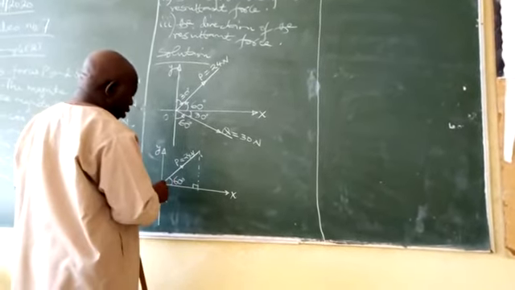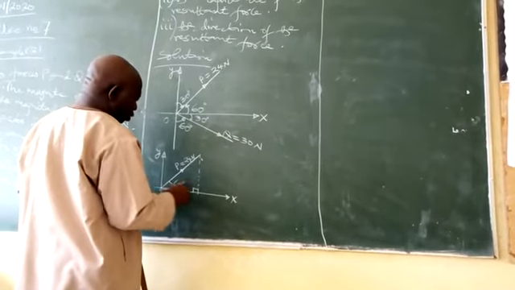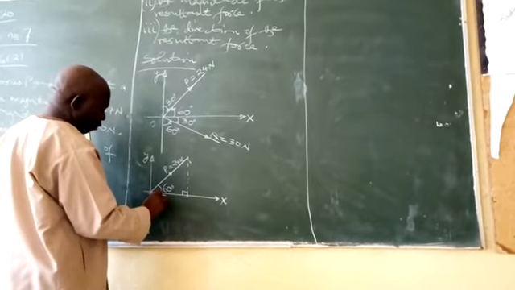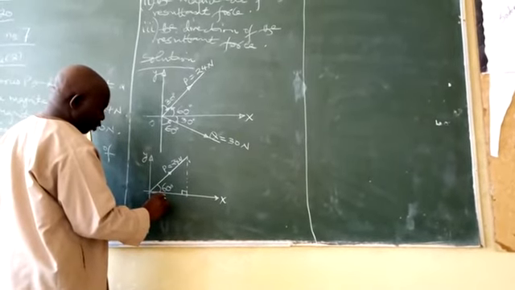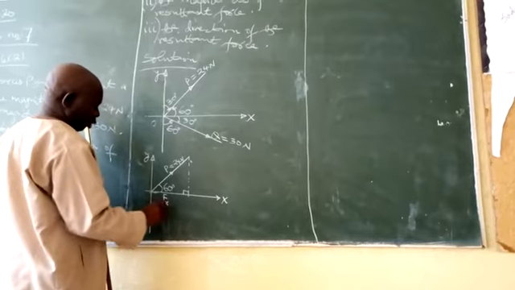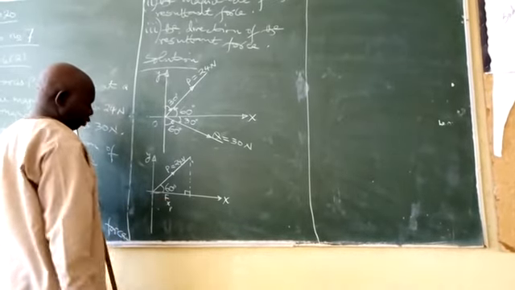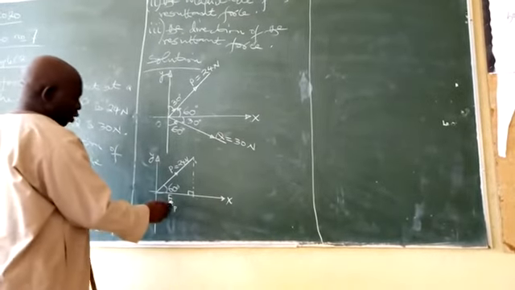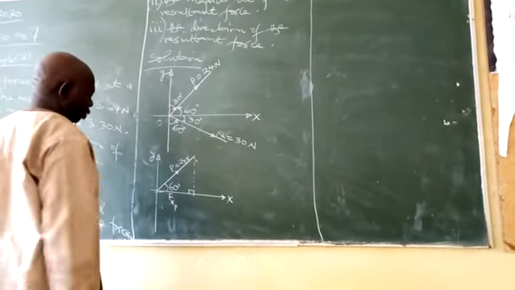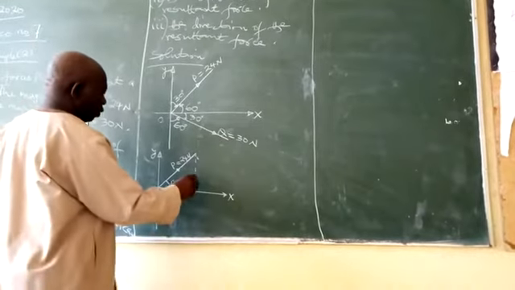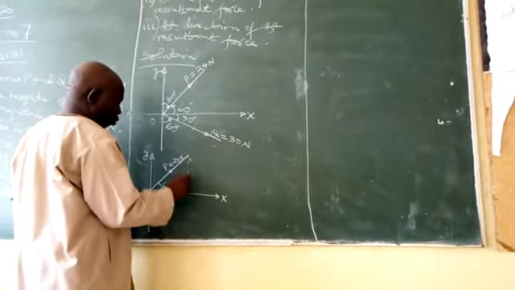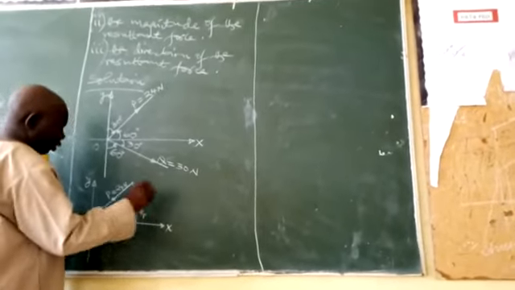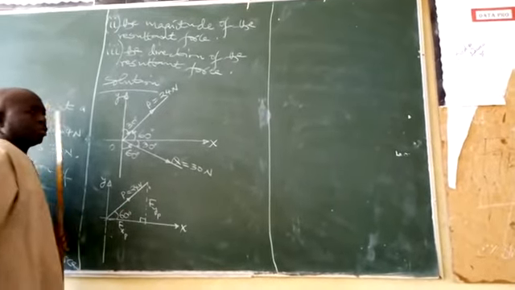This is the direction of the horizontal component of that force P, we can denote it with F sub X P, for force P. So we want to find the value of this F sub X P. And this will be the vertical component, F sub Y P, the vertical component of force P.